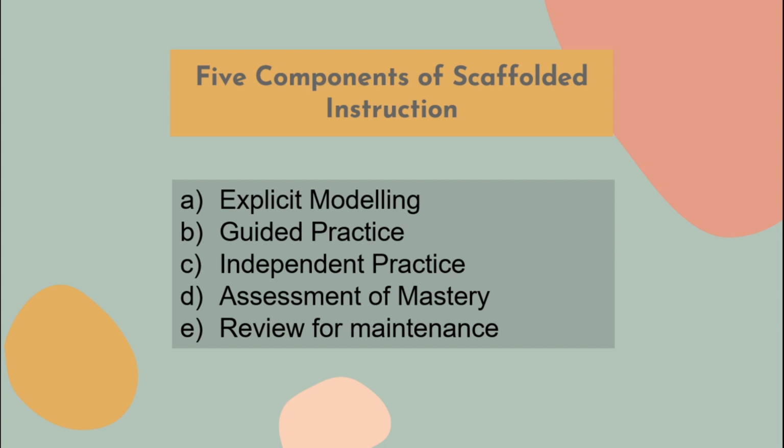Following explicit modeling, guided practice opportunities are provided. It is also called prompted practice. Now, it is the we do of instruction because the teacher is actively participating with the students. So, during guided practice, the level of assistance begins to fade as the students perform the tasks.